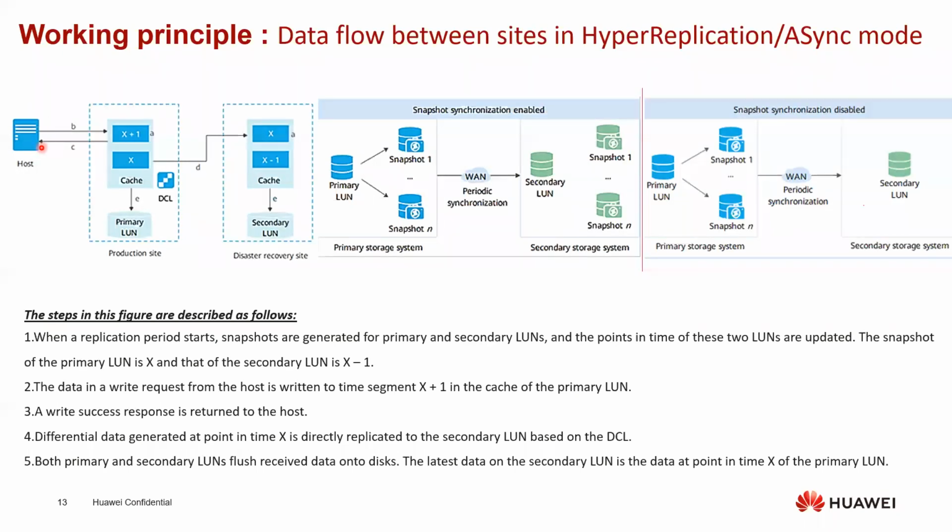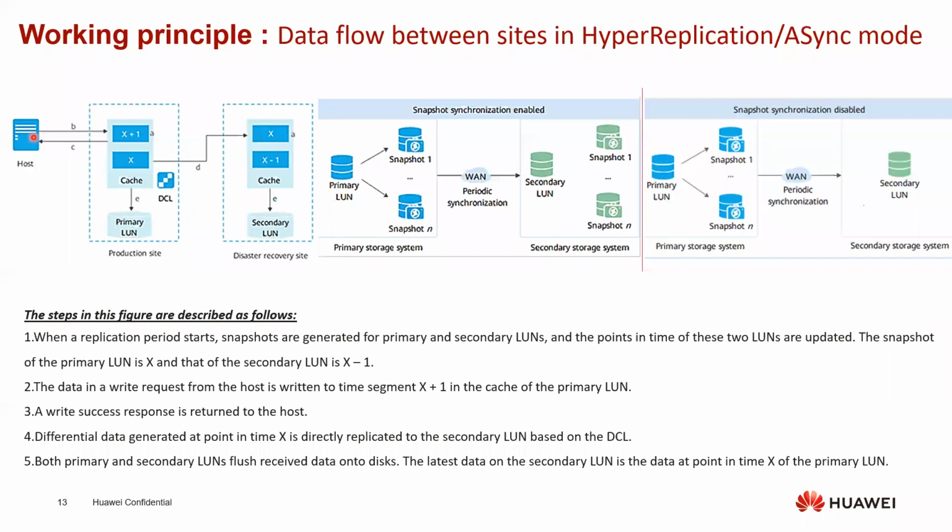The host is sending the data to the storage box in the primary system. The cache is the first to receive the data, and at the time of receiving the data, it writes to the primary LUN, and at that point it maintains the DCL, the data change log, and it sends the data to the secondary side as well to synchronize the data in an async manner.